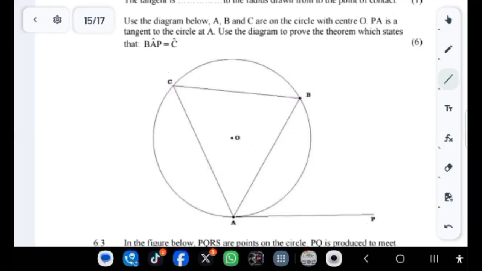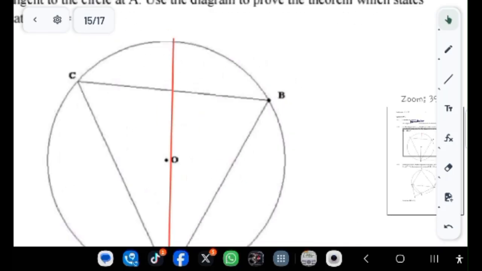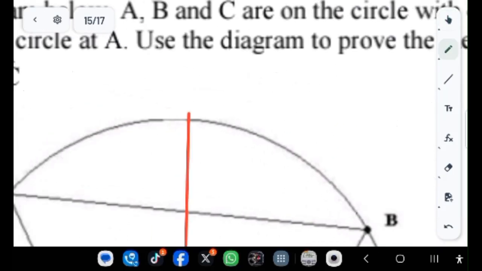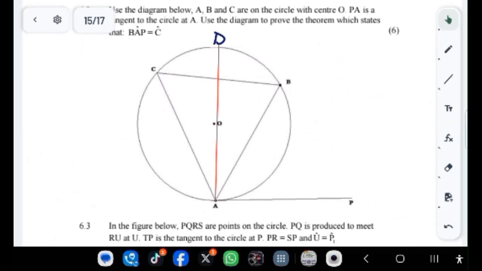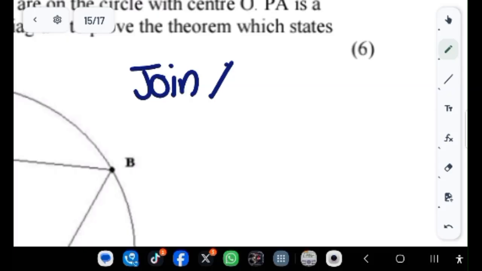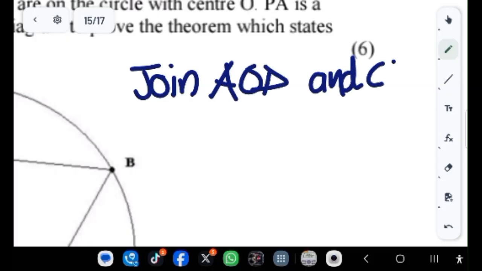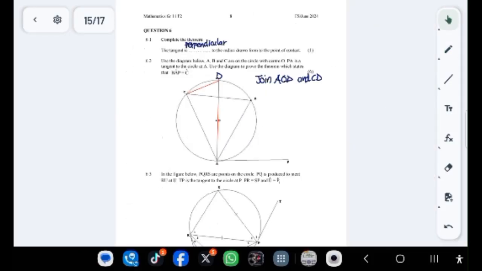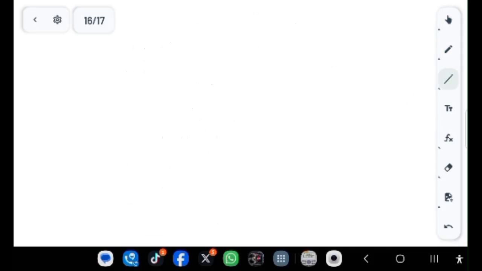So here's the construction you make. Let's make that D, and join CD. 6.1.